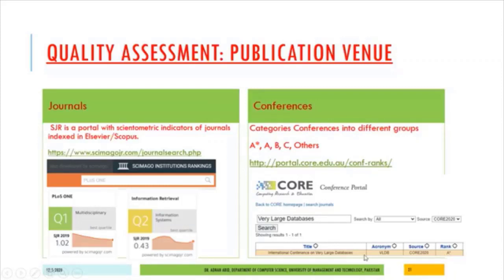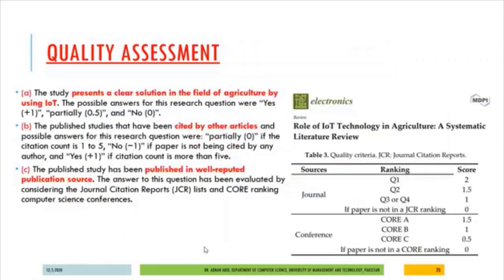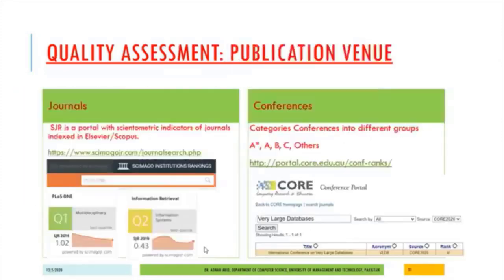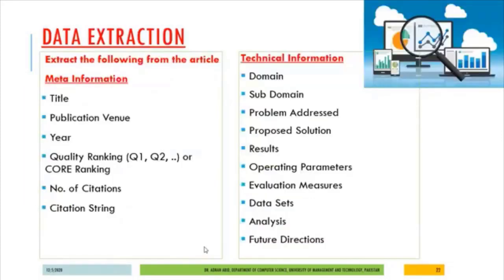So portal.core.edu.au, this is the website, and you can just go and write the name of the conference and find out the category. With this category and these quartiles, I just made it easier for you through this slide, so that you should be able to find the ratings of conferences or journals very easily.